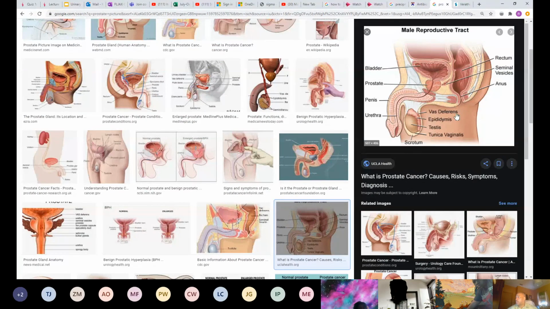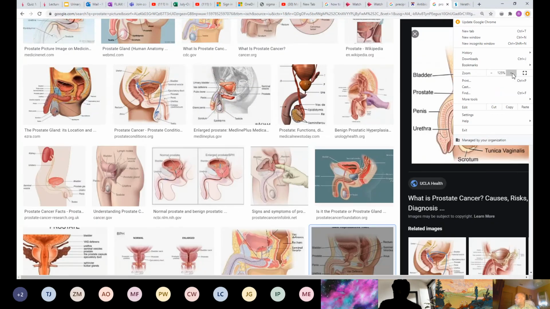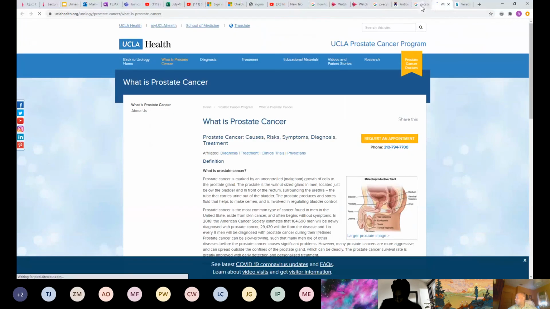All right, so when we're talking about the prostate, this is the bladder here. See how this points to the bladder? That's the bladder. Can I make that bigger? Oh, I can. Uh-oh. Didn't mean to do that. All right.